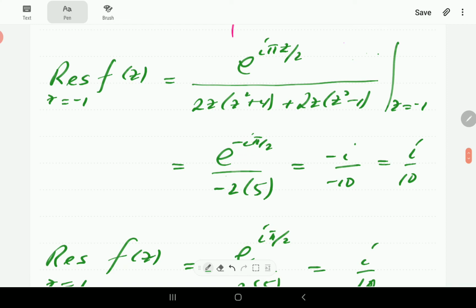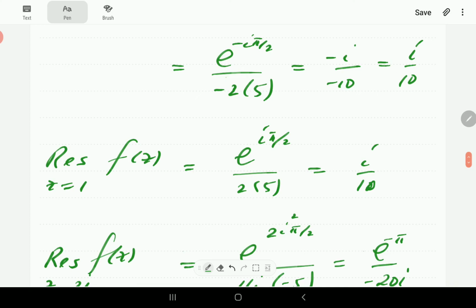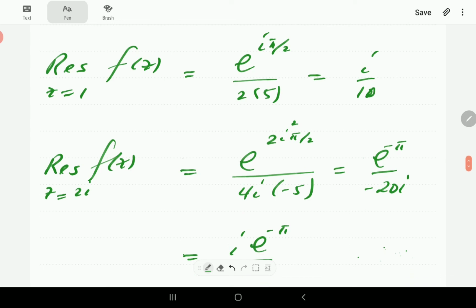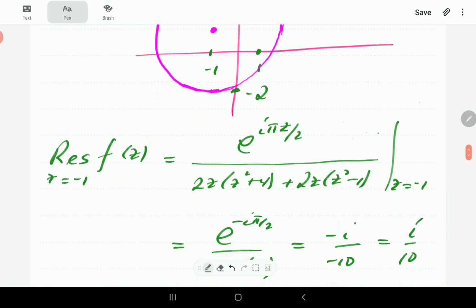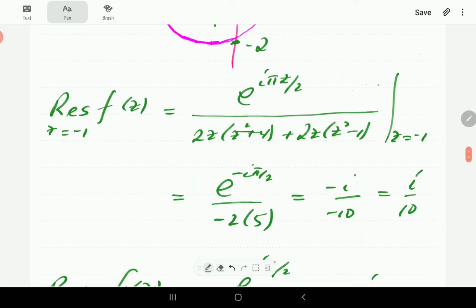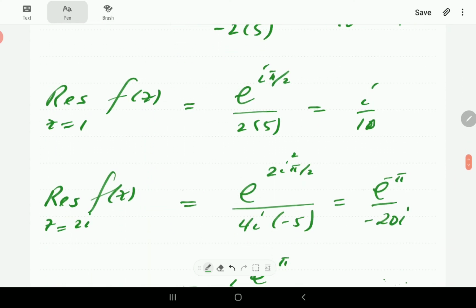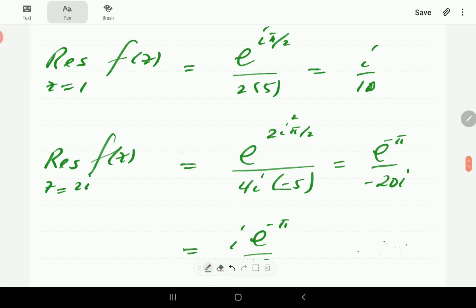The e to the -iπ/2 is just -i. If we do the same calculation for z equals 1, the numerator becomes this, the denominator becomes this is i and this is just 10. So the two of them are actually equal. And then for 2i, which is the singularity here, if you plug in i, this term is going to vanish. This is going to be 4i, this is going to be -5 there.